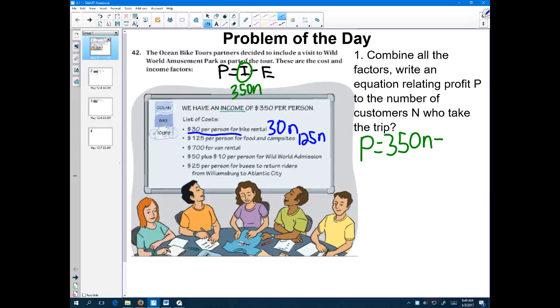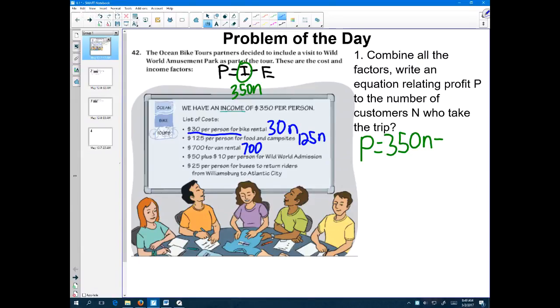Elliot? You can't put another letter in there. E is not one of the letters. All you have is P and N. $700 for van rental. Landon? Think about it. Just 700. Nice one, Landon. It's not per person, it's just something you have to pay.